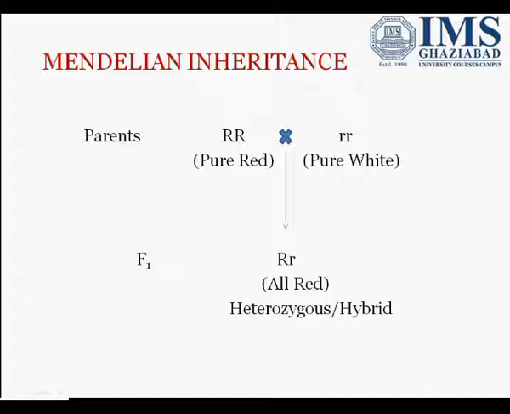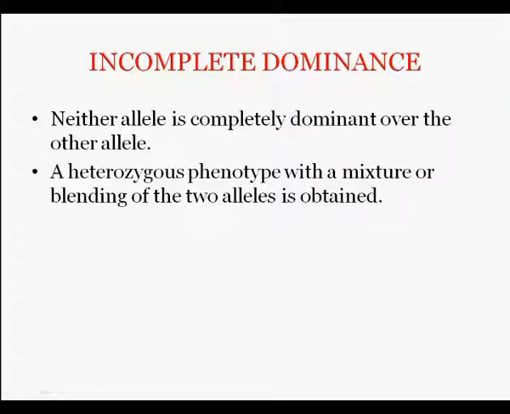One has capital R, that is pure red, and the other is pure white, and we get the F1 generation which has the combination of both gametes. So it is called hybrid or heterozygous in nature, and we get all red because of the phenomenon of dominance. This capital R is dominant over small r.